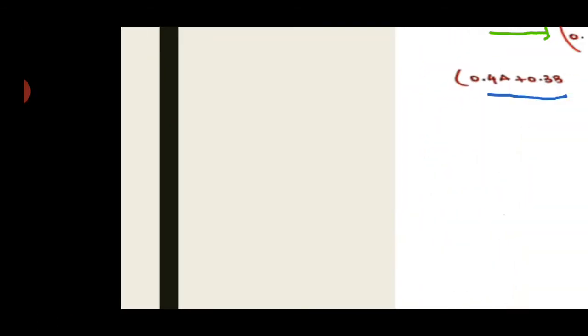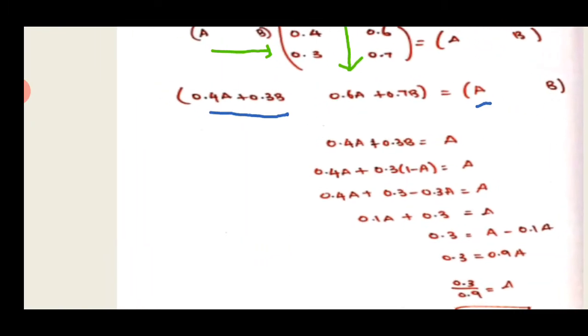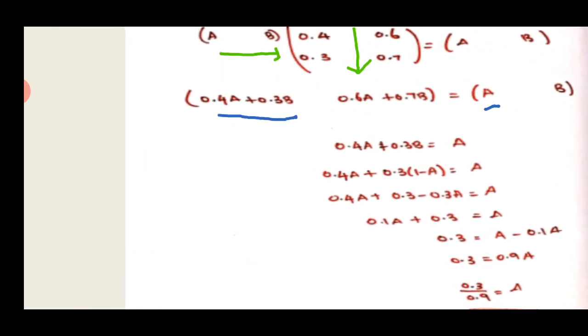So in this equation 0.4A plus 0.3B equal to A, I am going to make a small change. In the B place I am going to use 1 minus A, because A plus B equal to 1, so B equals 1 minus A. Now outside the bracket we have 0.3, which is multiplied inside the bracket.